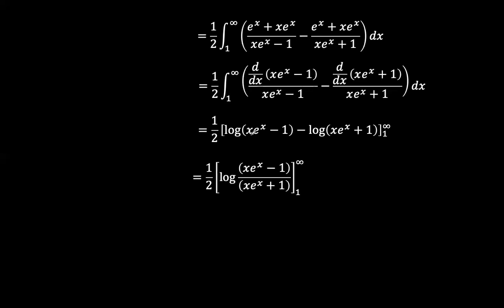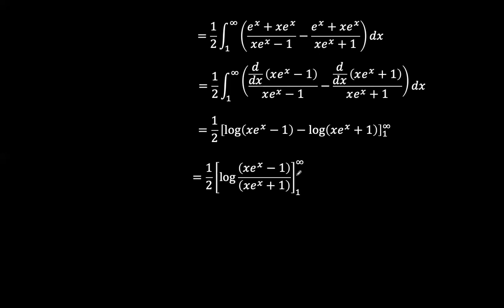And so we have x times e to the power x minus 1 over x times e to the power x plus 1. Now, because I have an infinity here, I like to express it in such a way that when I take the limit as x tends to infinity, I have something that is finite.